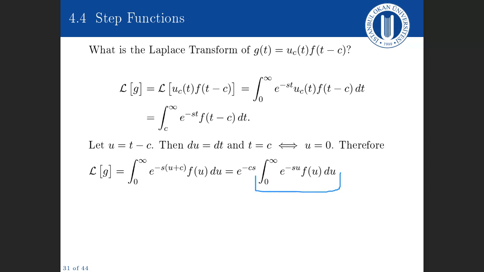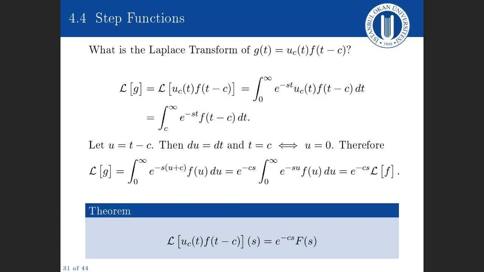This integral should look familiar to you because this integral is just the Laplace transform of f. This is another very important formula, so let's write this as a theorem. The Laplace transform of u_c(t) f of t minus c is equal to e to the power minus cs capital F of s.